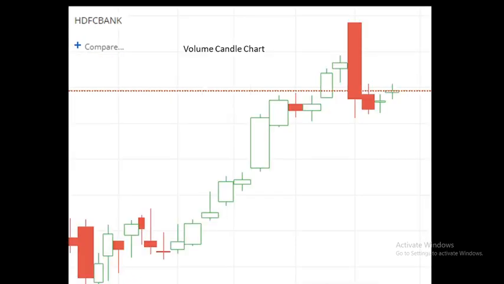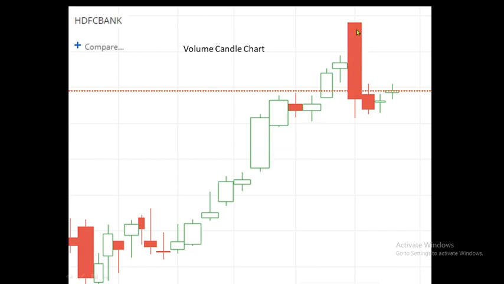Volume candle. Of late I have seen some strategies based on this. Volume charts represent each candle by the traded volume. If you see this small one here, very little quantity traded, hence it is a small candle, and this is a big bullish candle where there was a huge trading volume.